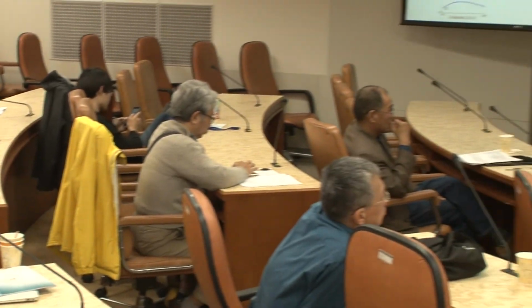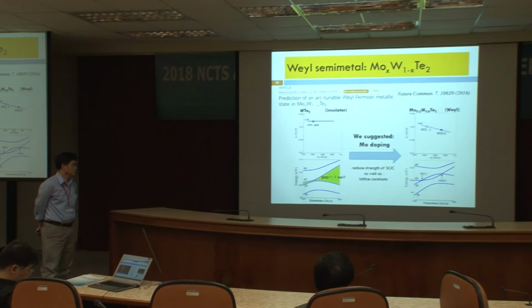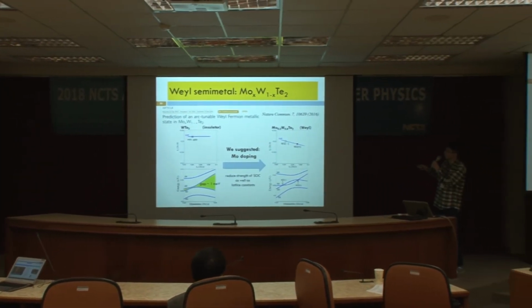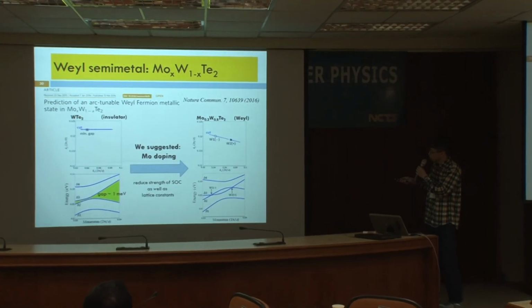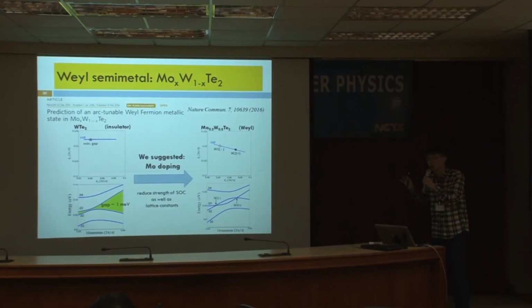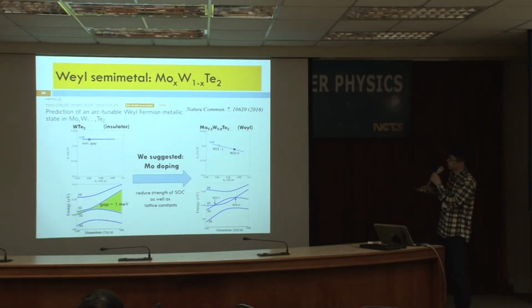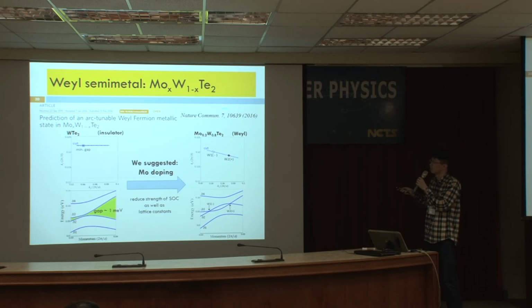Actually, this system, the tungsten telluride system, is a very sensitive system. The separation of the Weyl points, or the number of Weyl points, is very sensitive to the lattice parameter of this system.